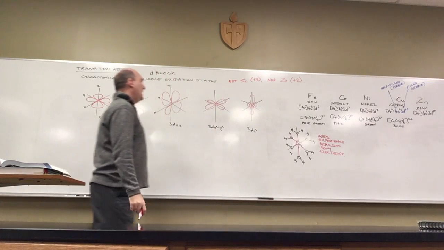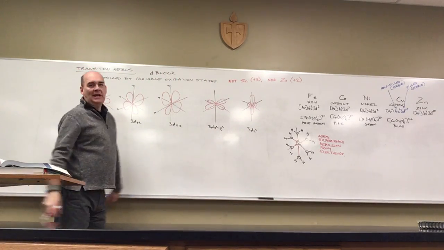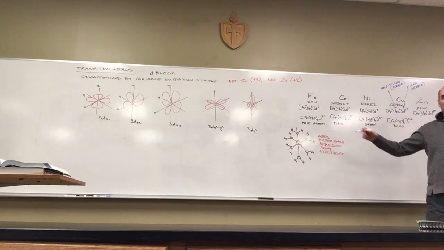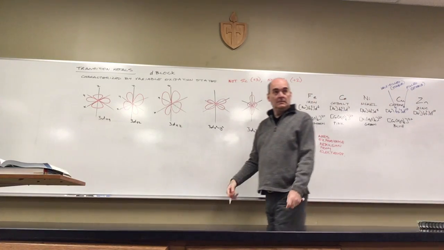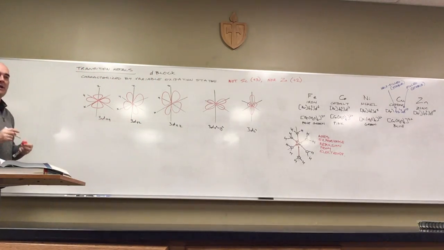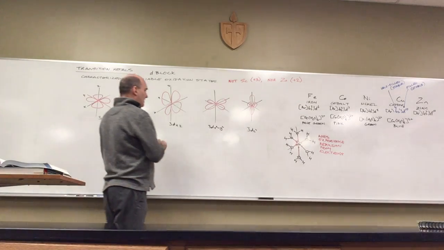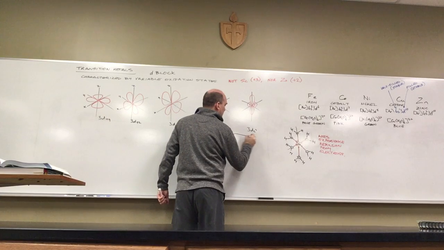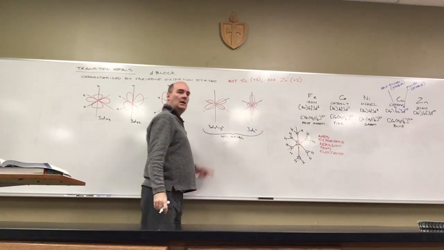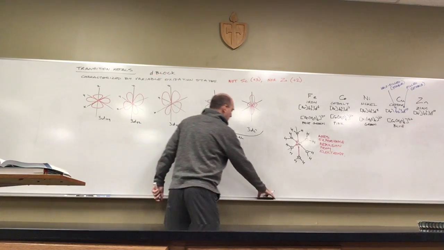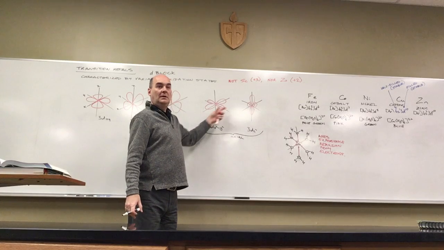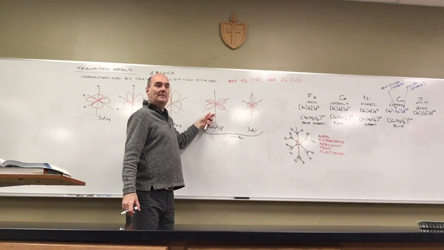So if I am a transition metal and I have these five types of orbitals, and I have electrons in all of them, and then I make an octahedral complex ion, these two feel the brunt of that.